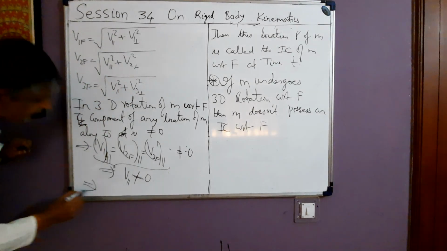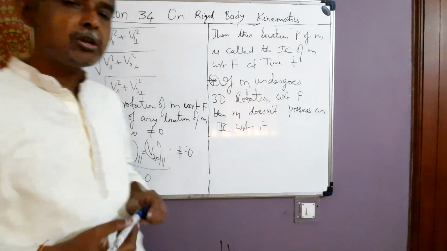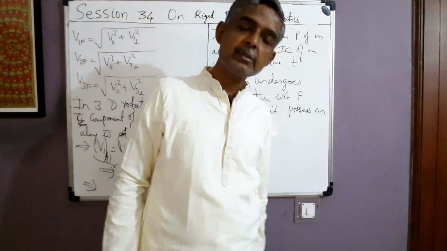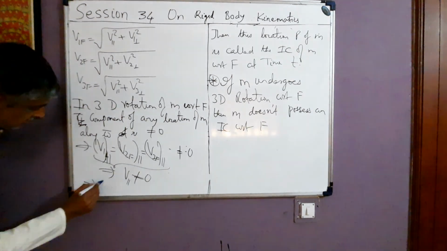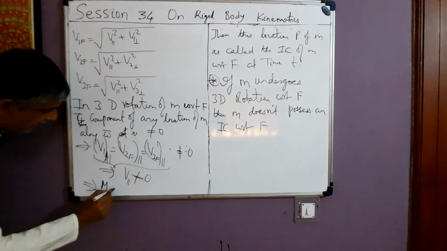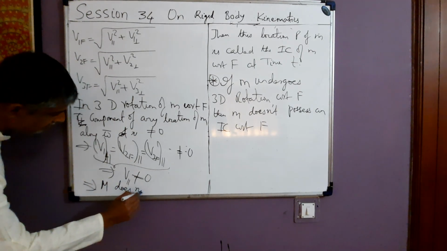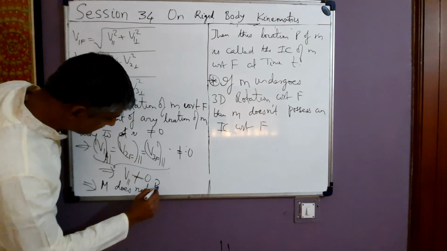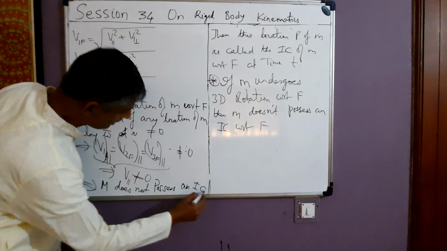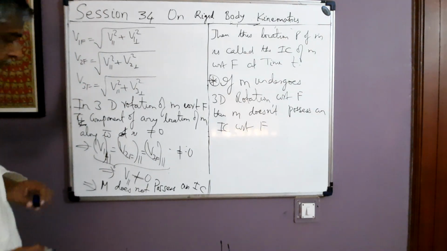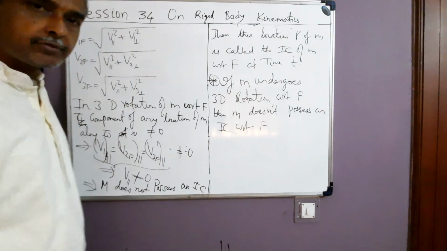So in this case, there is no location P of M which is at rest with respect to f at time t. That means IC doesn't exist. M does not possess an IC with respect to f.